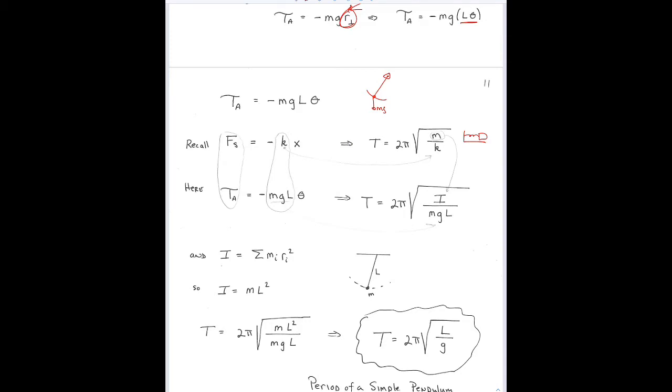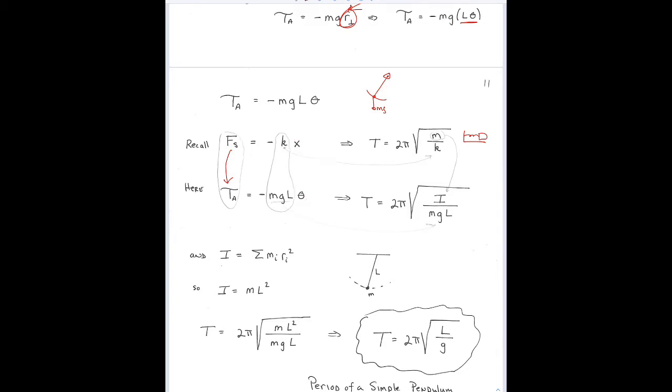So when we went to the linear world, to the rotational counterpart, we saw how some things mapped up. Well, force, now we have this torque expression, so force now looks like it got replaced with torque. Instead of position for the spring x, now we have angular position for our pendulum.